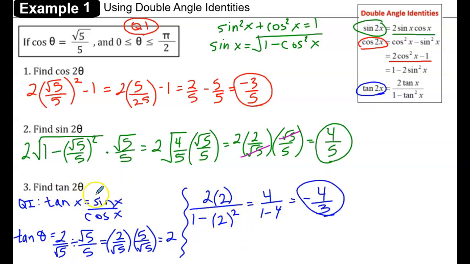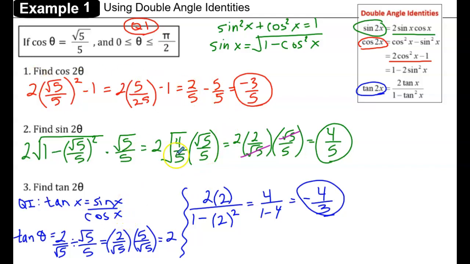So a question to consider now that we've evaluated the tangent of 2 theta using the double angle identity is, does the quotient identity apply if we were to have double angles? So would the tangent of 2 theta be equal to the sine of 2 theta divided by the cosine of 2 theta?